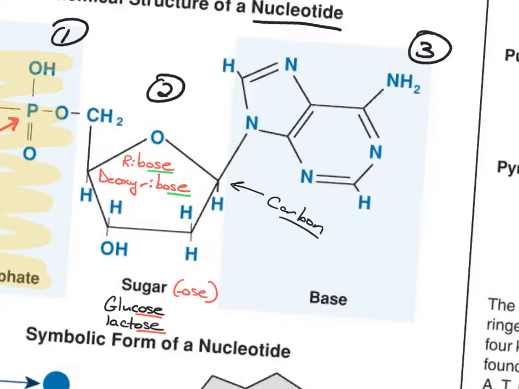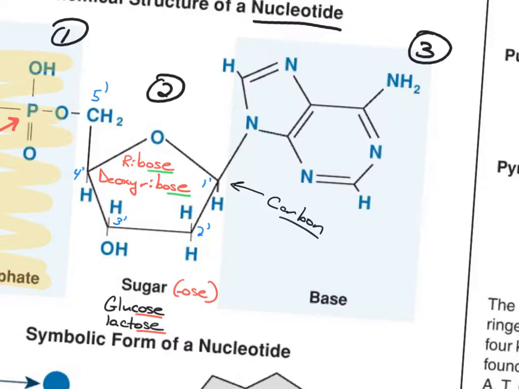Now we number the carbons. And the way we number them is we start with the oxygen in a sugar. And we number them clockwise. Clockwise. Follow along. 1 prime, 2 prime, 3 prime, 4 prime, and 5 prime. This is going to become extremely important very soon.